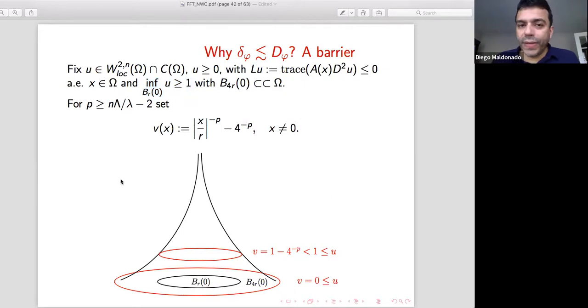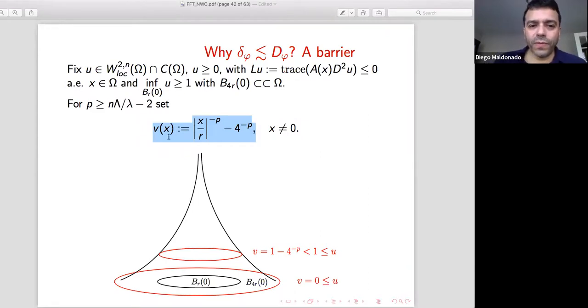And what you do in the typical proof, if you remember some basic course on regularity of elliptic PDEs in non-divergence form like this, is what we say we construct a barrier, something like this. So look at this function for a p to be chosen, to be fixed later.